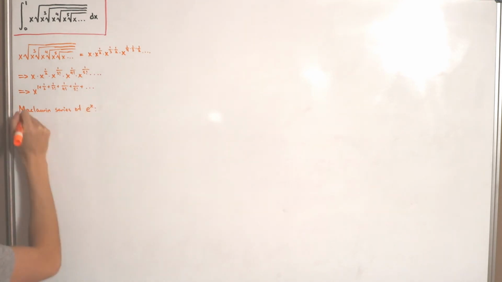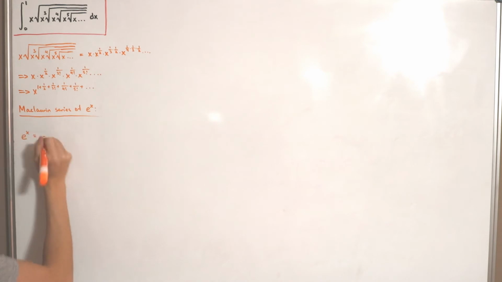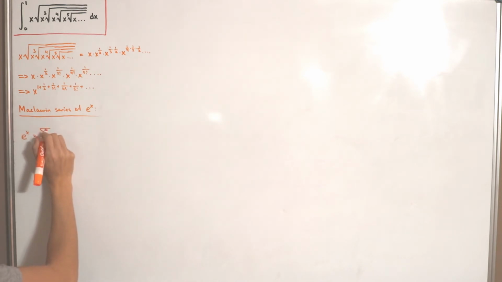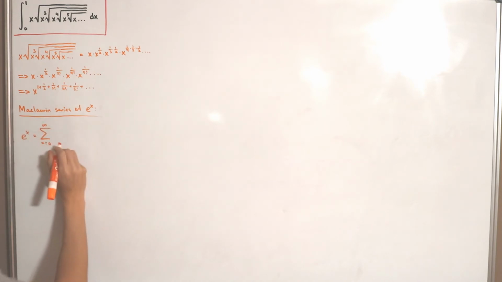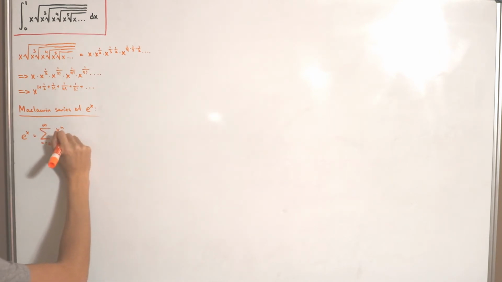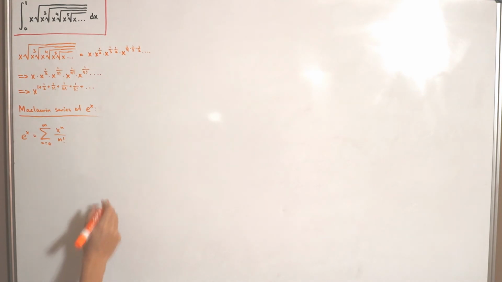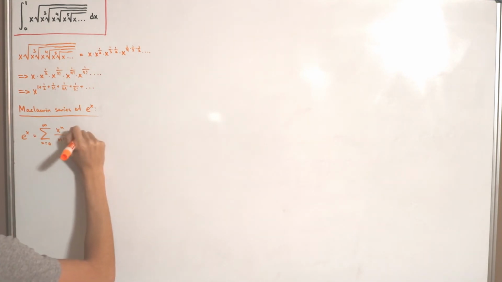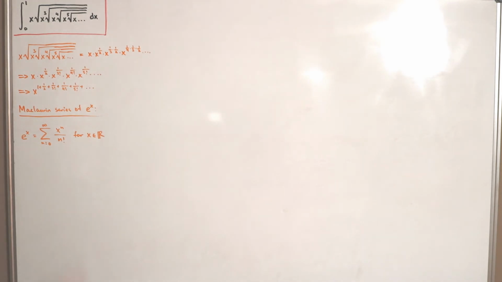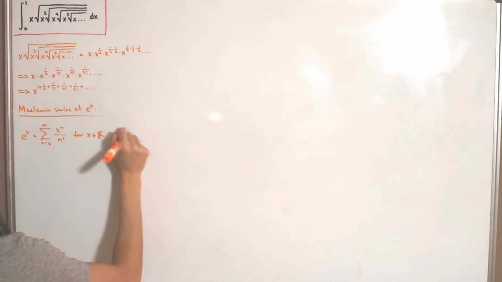The Maclaurin series of e to the power x is rewritten as the infinite sum, with index n equal to 0 to infinity, of x to the power n divided by n factorial, for all real numbers x. Now let's plug in x equals 1.